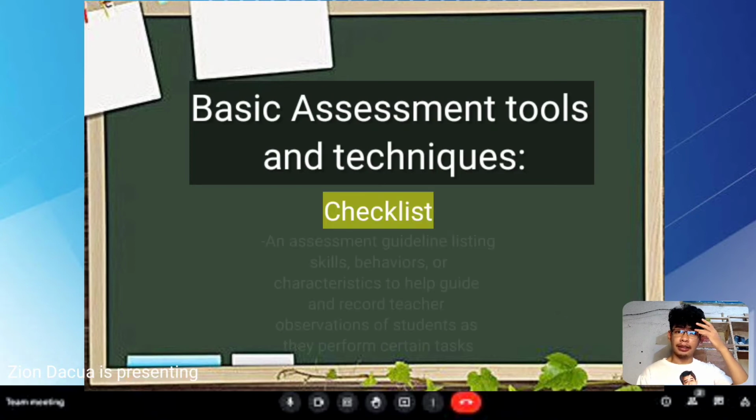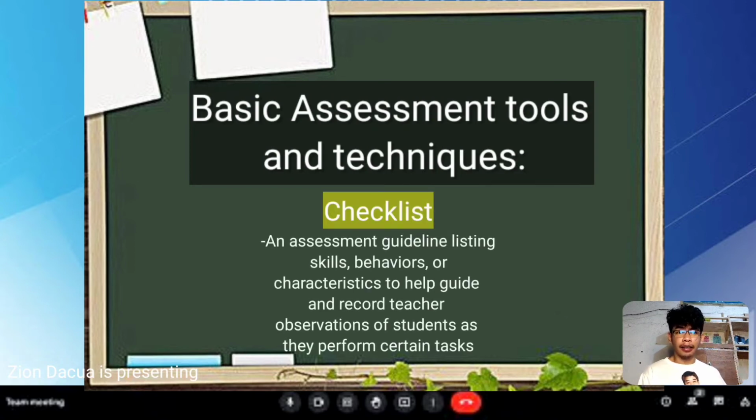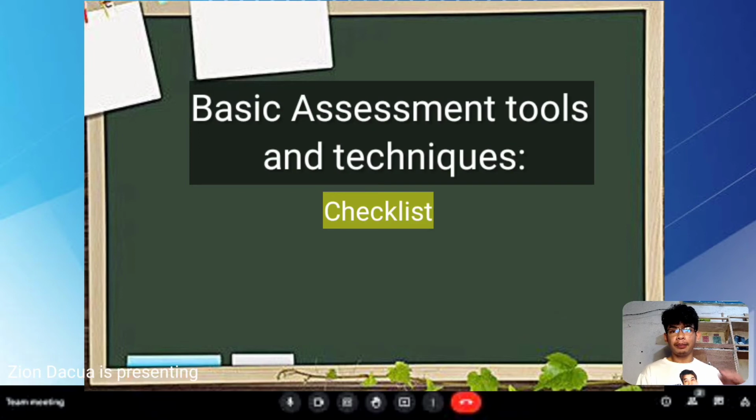This is an assessment guideline that lists things, skills, behaviors, or characteristics to help guide and record teachers' observation of students as they perform certain tasks. With the help of the checklist, it is easy to organize your observations or other information you collect about the students' performance in given characteristics or items.